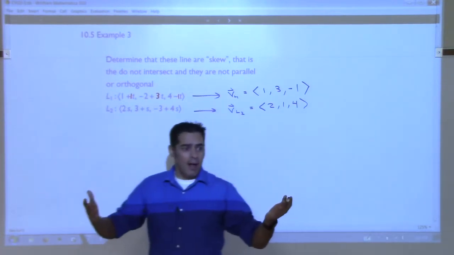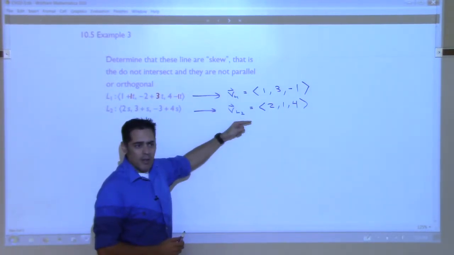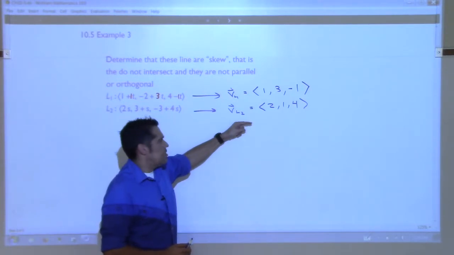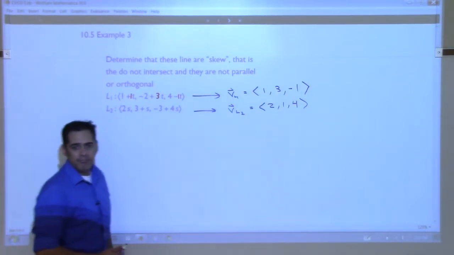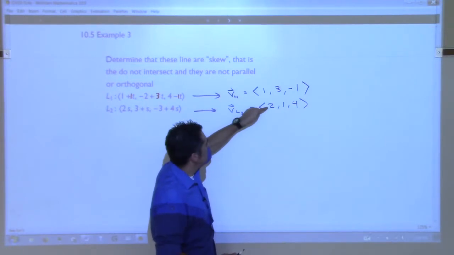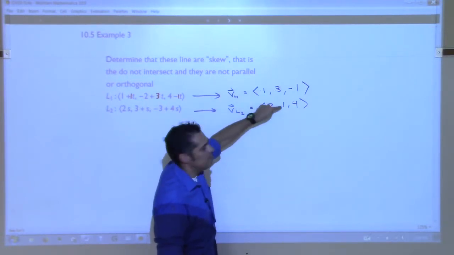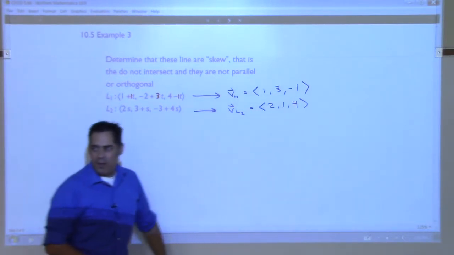So we're looking at these direction vectors, and that's the pitch of the line, right? If they're parallel lines, these vectors have to be scalar multiples of one another. Is there a way to turn this vector into this vector by just multiplying it by a number? No. Because the only way you can make 1 turn into a 2 is to double it, right? But then if you double 3, you need 6 here. These are not scalar multiples of one another.